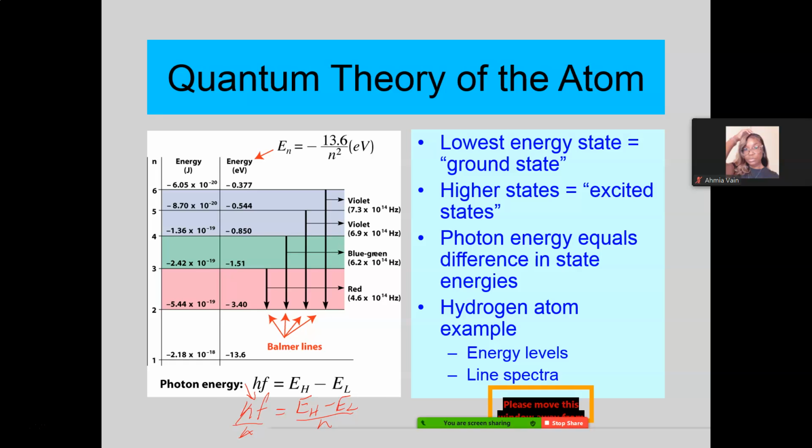The difference between those two is a positive number, because this is a smaller negative number, meaning it's a higher number. This is a more negative number, so it's lower. So the difference between these two is 4.08 times 10 to the minus 19, if you can see that.